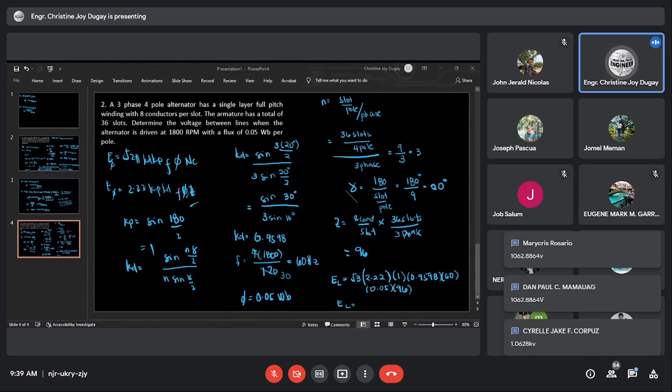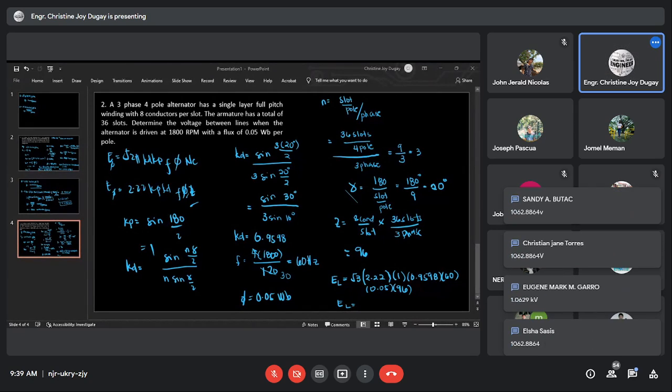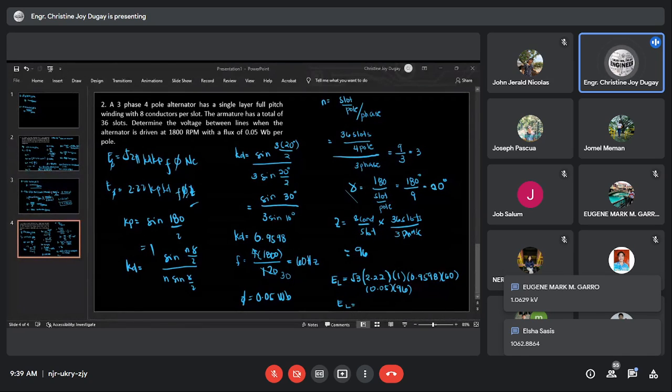Miss Nerissa, medyo may mali yata or na-late yung pag-send mo to 127, 1,062, 1.602628. Siya lang kasi yung kakaiba yung nakita ko yung na-type, no?